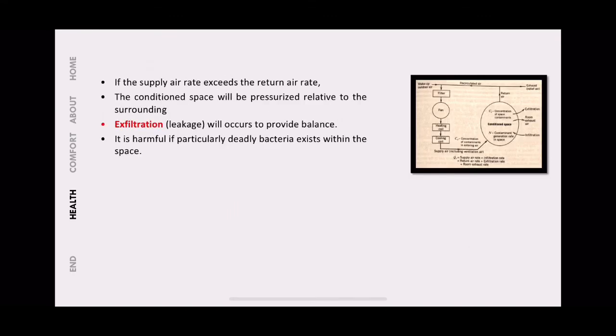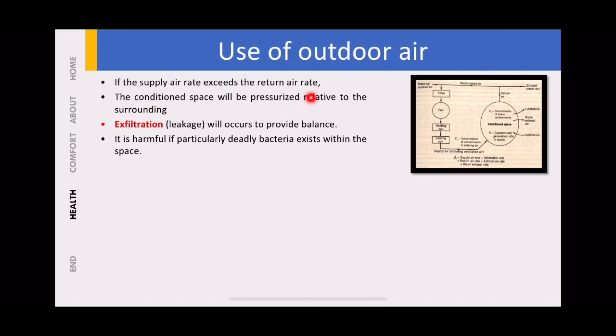The supply air rate must exceed the return air. The conditioned space will be pressurized relative to the surroundings, right? That means the space must have a higher pressure than outdoors. Therefore, there will be no infiltration from outdoor to indoor. Exfiltration leakage will occur to provide balance, right?